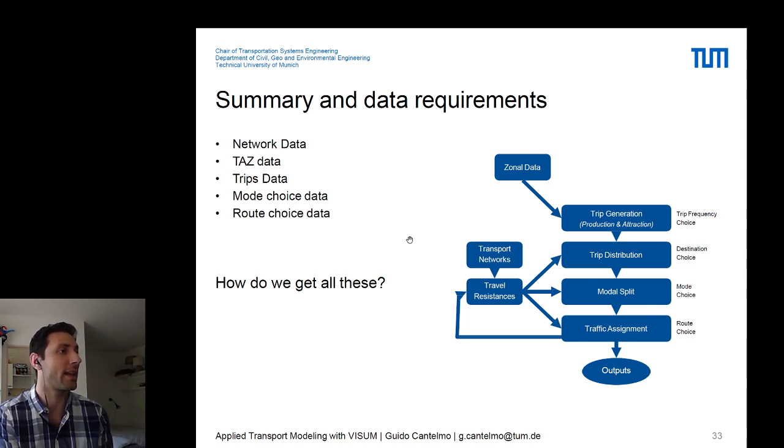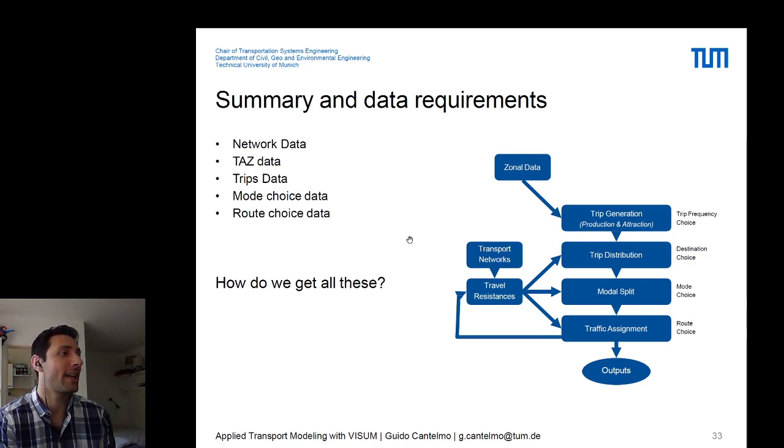Of course, you can create this zoning from a map, but then you need to implement it in Visum. And again, this is an applied course. Sure, you can design the entire network of Munich from scratch, but there are smarter ways to do it. And usually that should be the first thing to be explored.